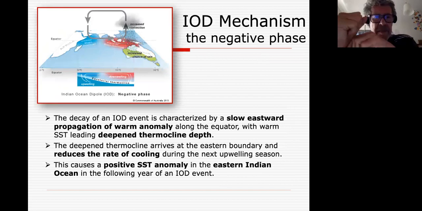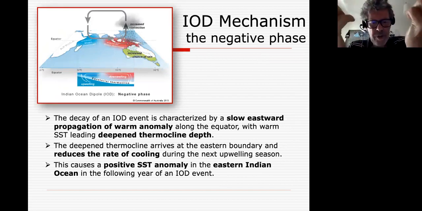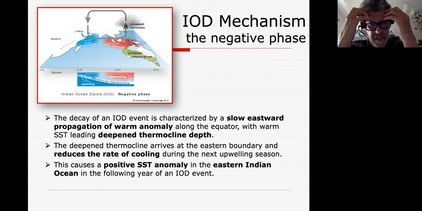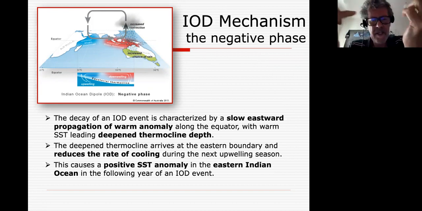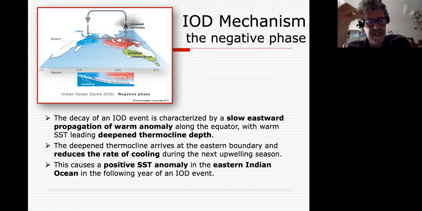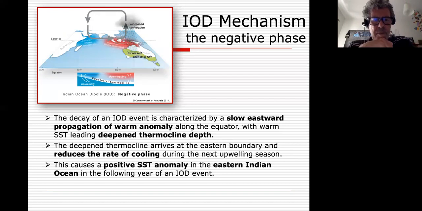And how do we go back to the negative phase? The decay of the IOD event is characterized by a slow eastward propagation of the warm anomaly along the equator.